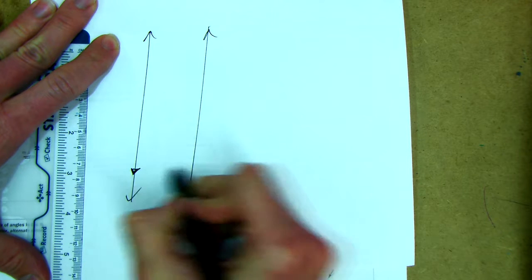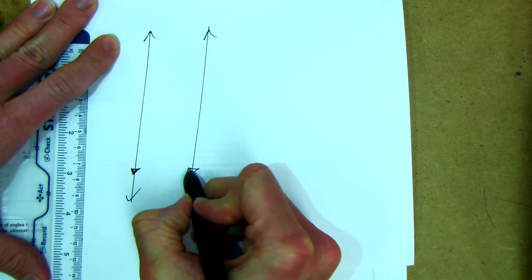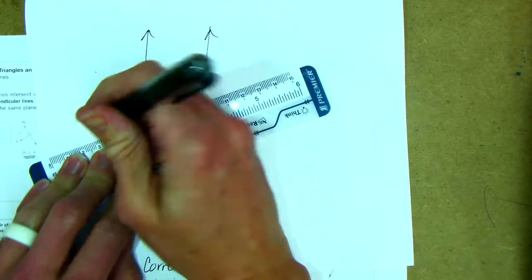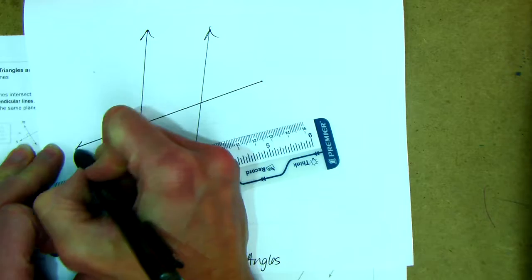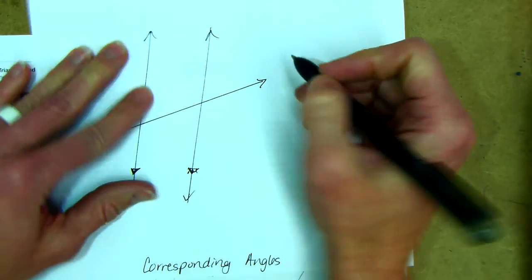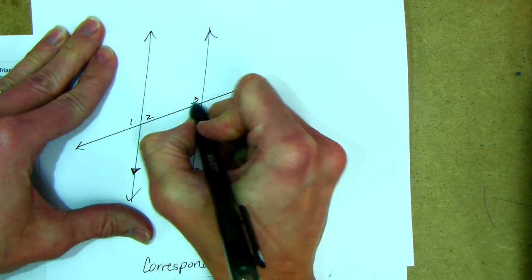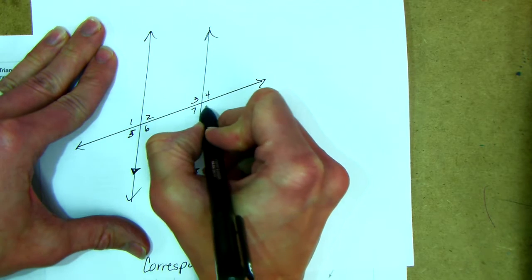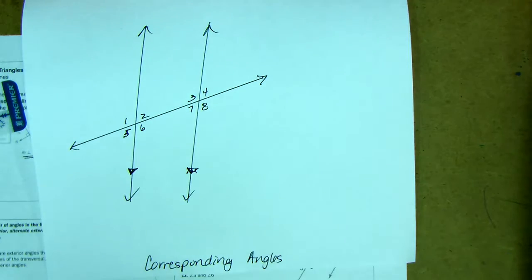How do you know they're parallel? Because of that. Cut by a transversal. It gives me 1, 2, 3, 4, 5, 6, 7, 8 angles.